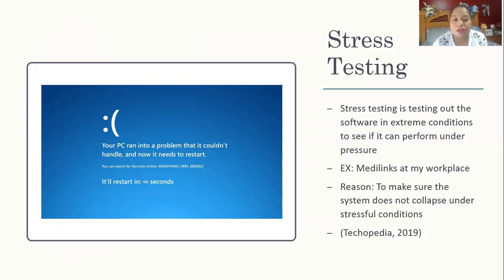And honestly, it's horrible when there are so many people on it at the same time. It always freezes, it crashes. We're actually switching over to Cerner because MediLinks just crashes any time too many people are on it at the same time. So that could be an example.